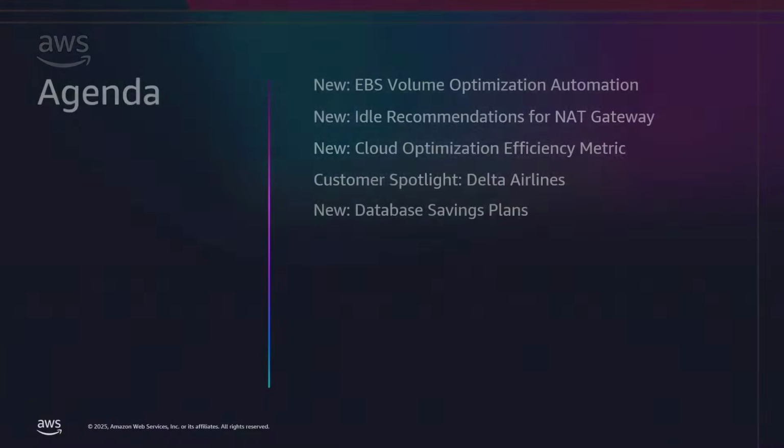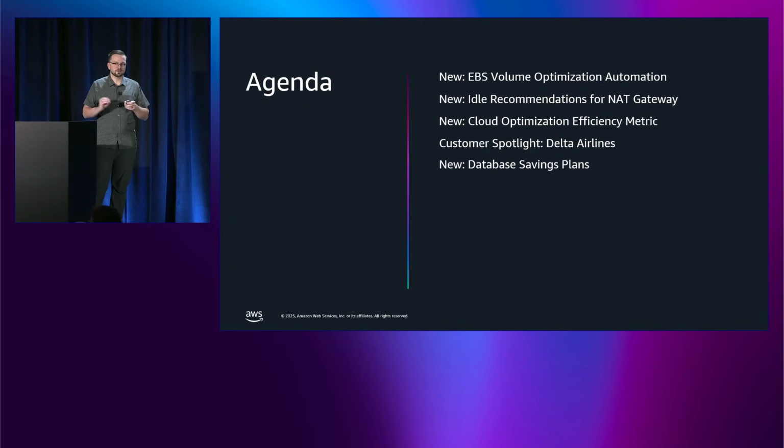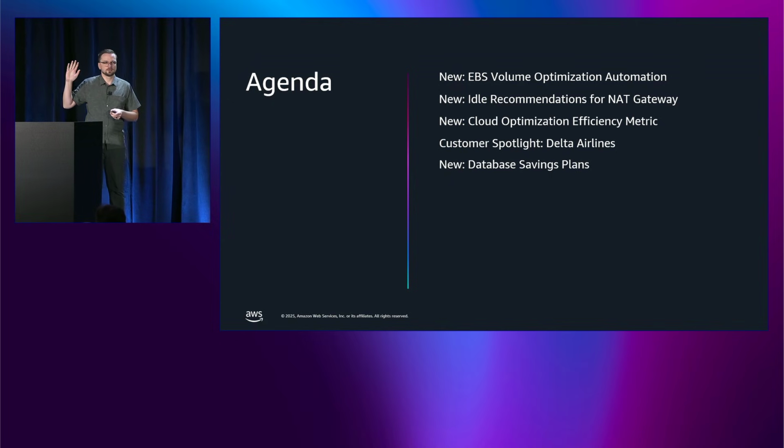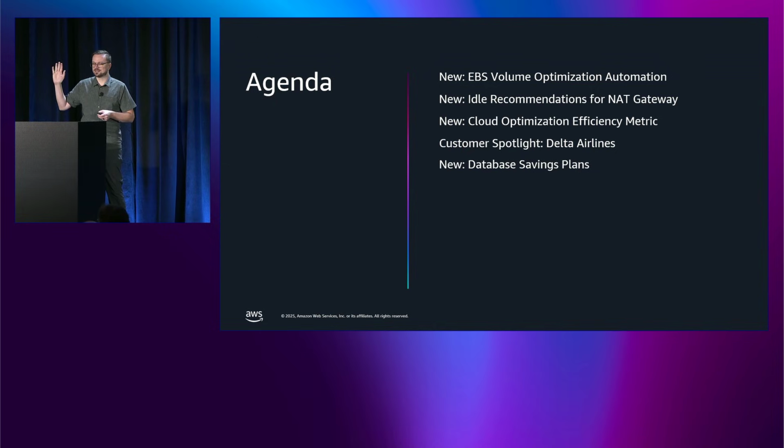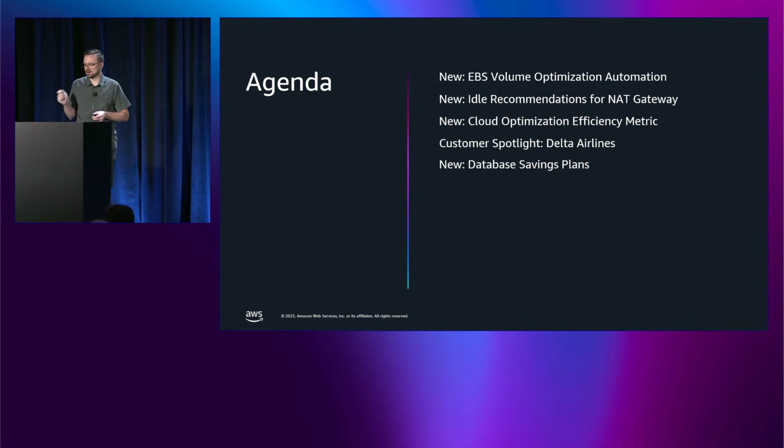Before I dive into specific features and announcements, how many of you have used some of our AWS optimization tooling, such as Compute Optimizer? Awesome, that's great to see. We've got some new things in Compute Optimizer to show you. How many of you have made Savings Plan purchases with our recommendations or analyzer tooling? Wow, we've got a lot of optimization aficionados in the crowd.